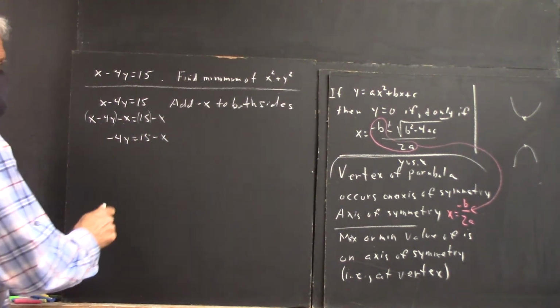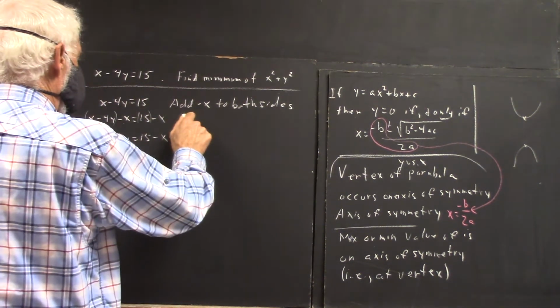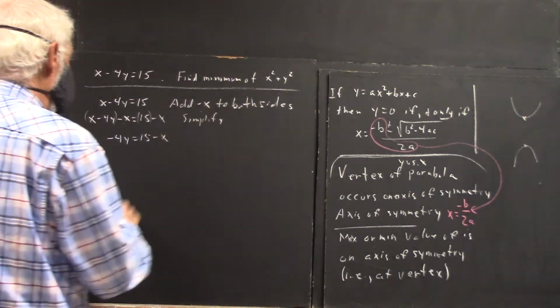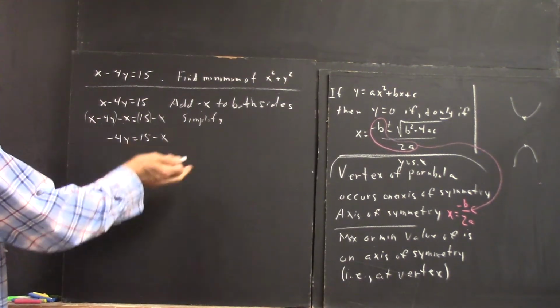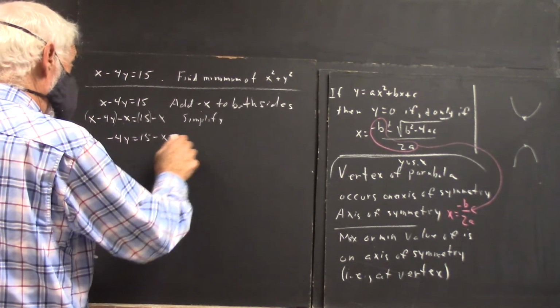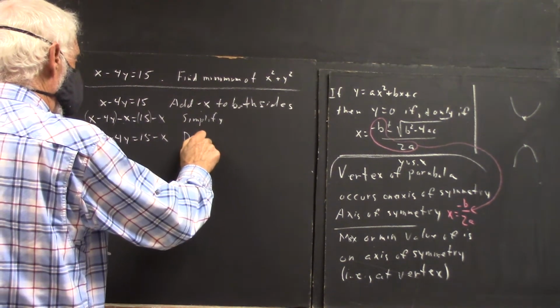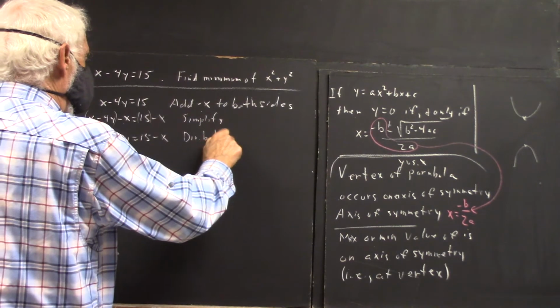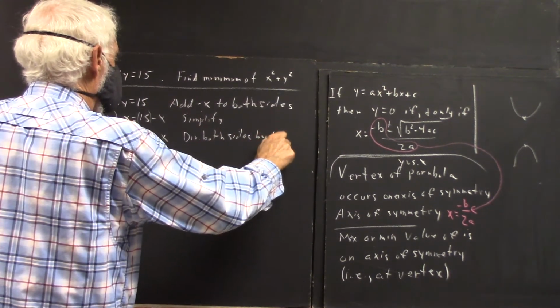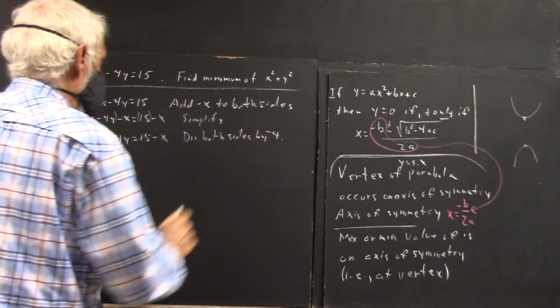Then, what you're doing here is you just simplify the left-hand side. X minus x is going to give you 0. Then, on this side, you divide both sides by negative 4.